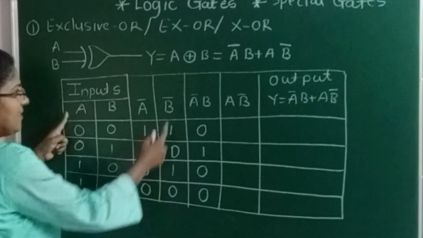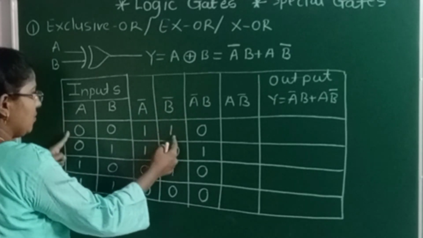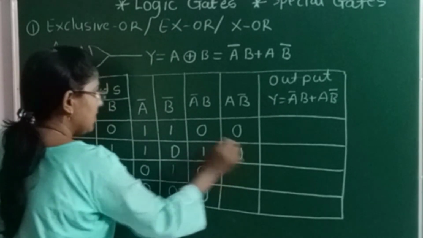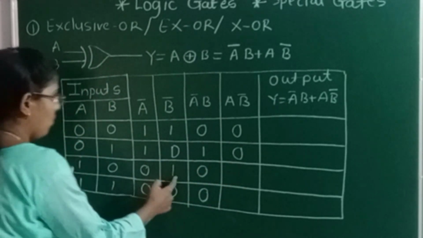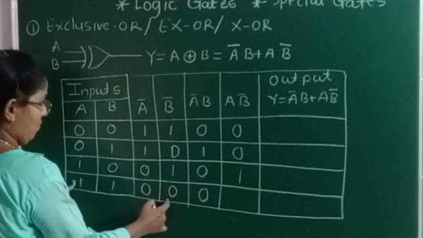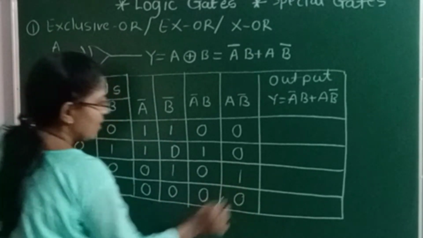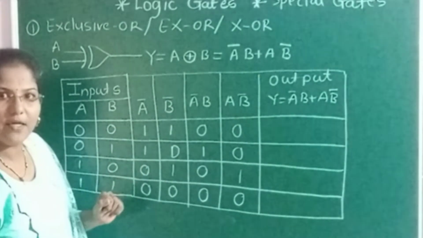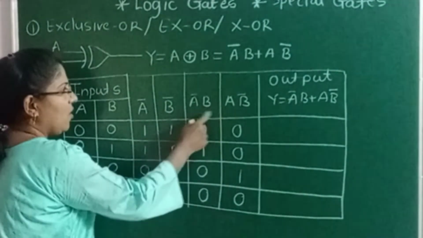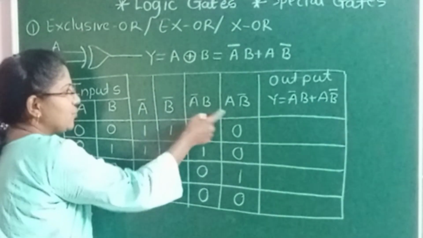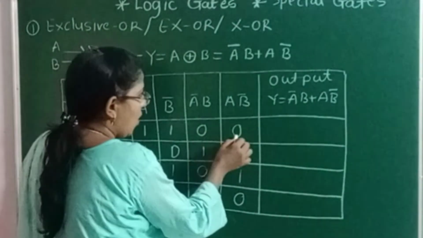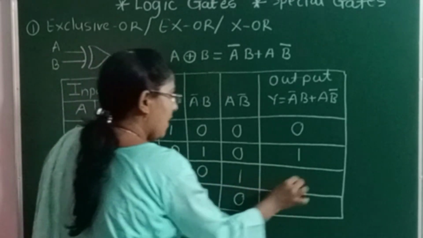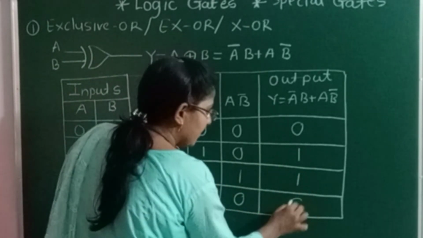So the column of A and the column of B complement: 0 into 1, 0; 0 into 0, 0; 1 into 1, 1; and here 1 into 0, 0. So now I got the A complement B as well as A B complement. Now I need to take the OR, logical addition, of these two columns. So 0 or 0, 0; 1 or 0, 1; 0 or 1, 1; 0 or 0, 0.